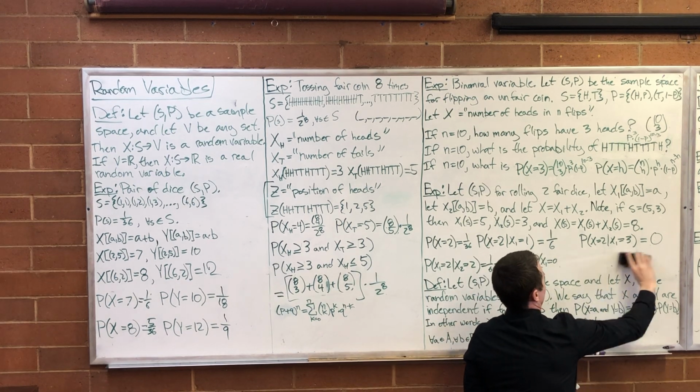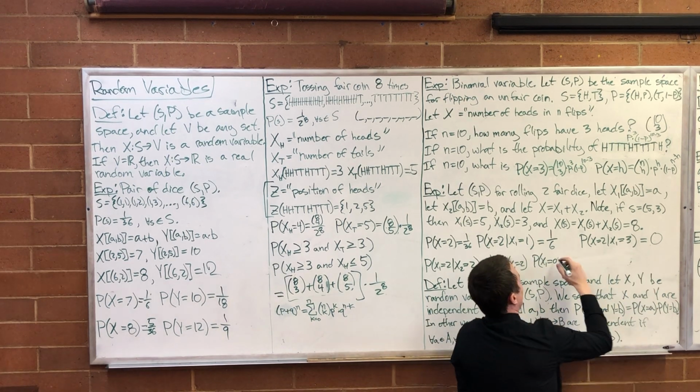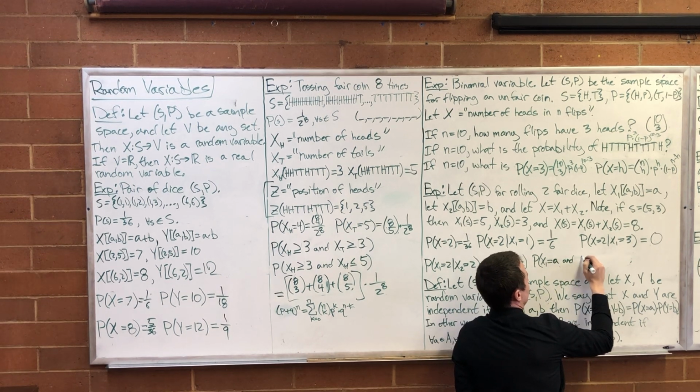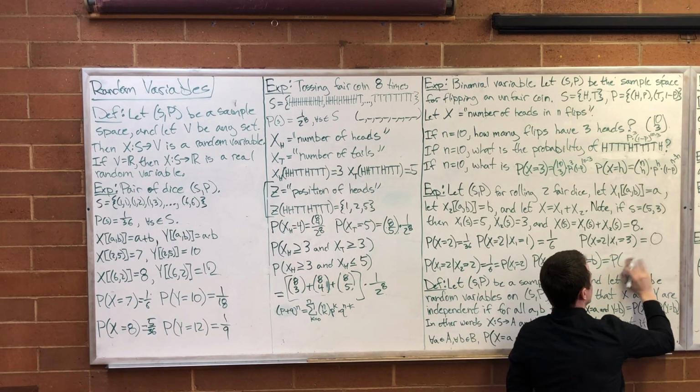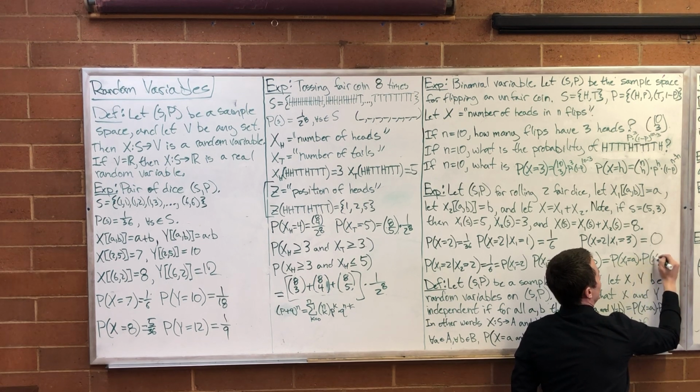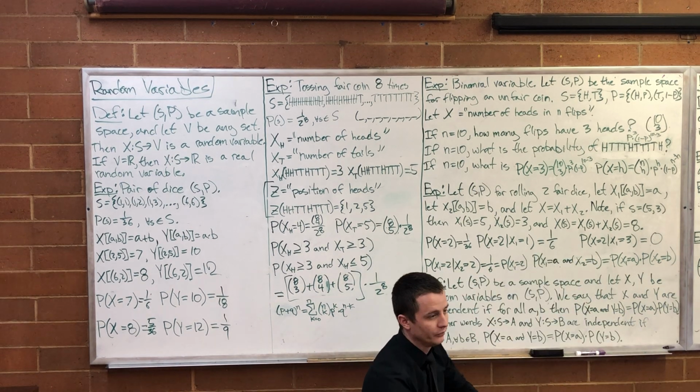What's the probability that x1 is equal to A and x2 is equal to B? Well, that's equal to the probability that x1 is A times the probability that x2 is B. That's another way that you can say that the two variables are independent.